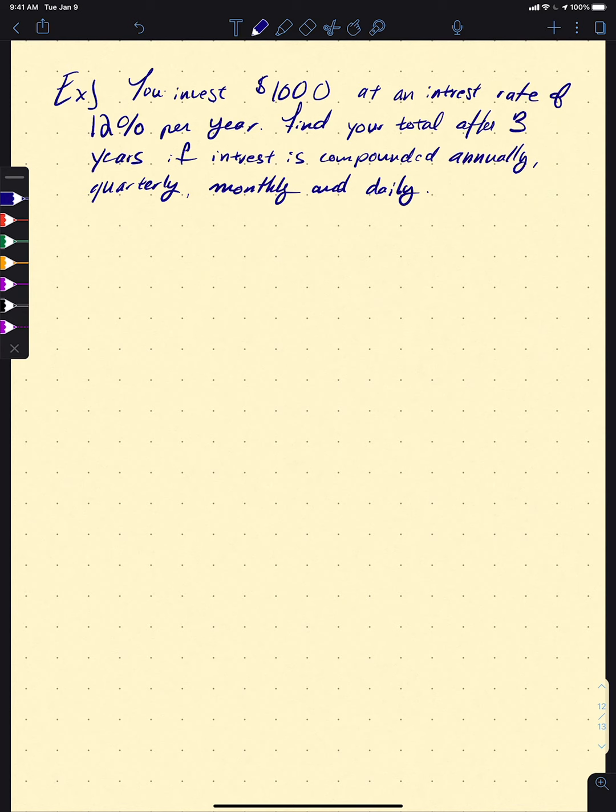So it says you invest $1,000 at an interest rate of 12%, and then we want to find your total after 3 years if interest is compounded annually, quarterly, monthly, and daily. So let's write out these different situations. We have annually, quarterly, monthly, and daily.